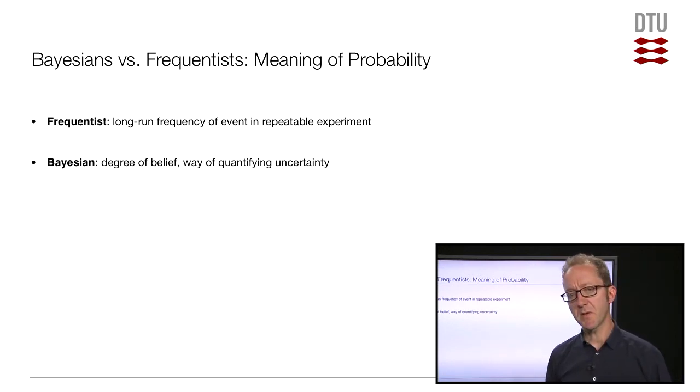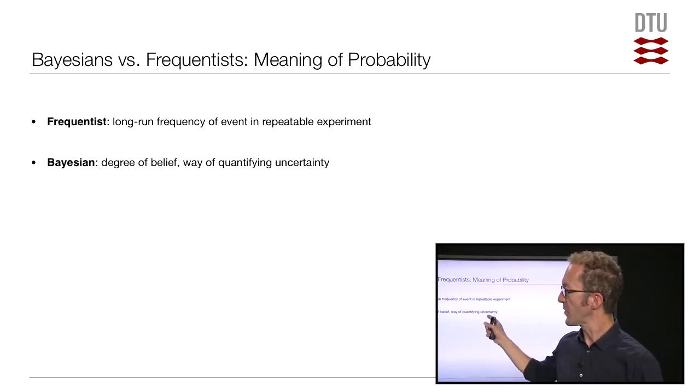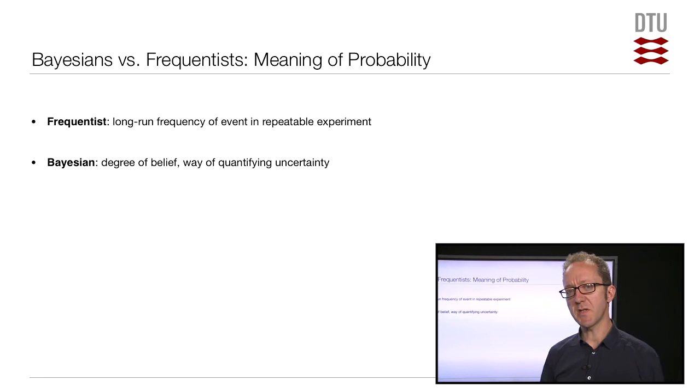In the Bayesian world, instead, probabilities are interpreted as a way of quantifying uncertainty, as a degree of belief. It's a way of saying, how much do I believe this is true, based, for instance, on some data. This way of using probabilities is actually something that many people use intuitively and that you will undoubtedly hear many times in regular life.